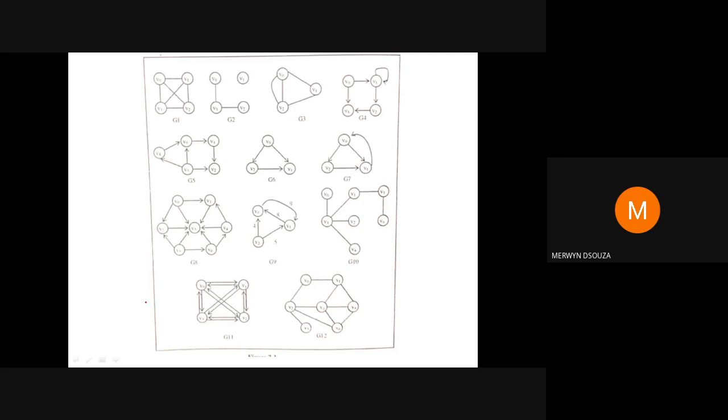If the degree of a vertex is 0, then we call it an isolated vertex. For example, here in this graph G2, the degree of V1 is 0. Therefore we will call it an isolated vertex.